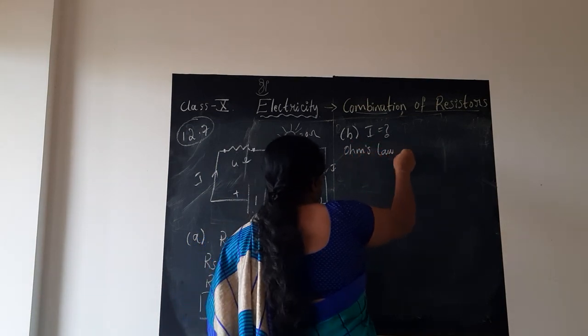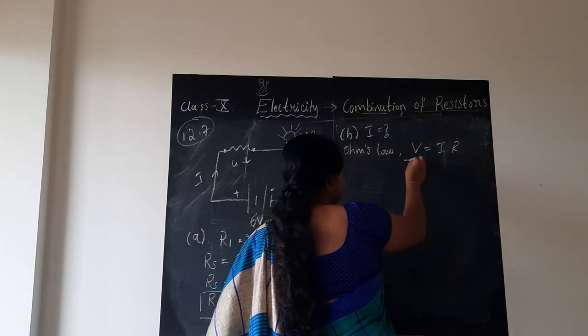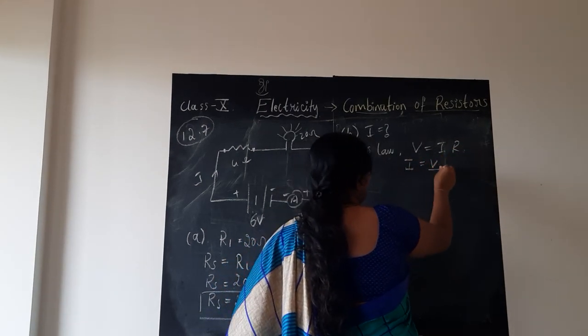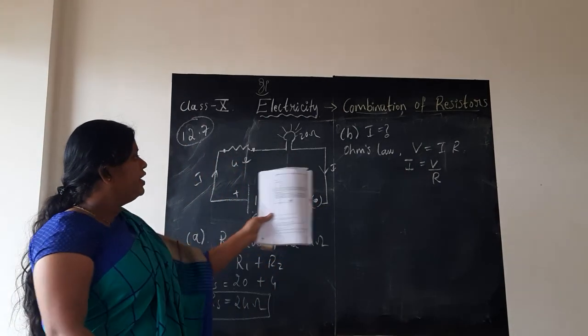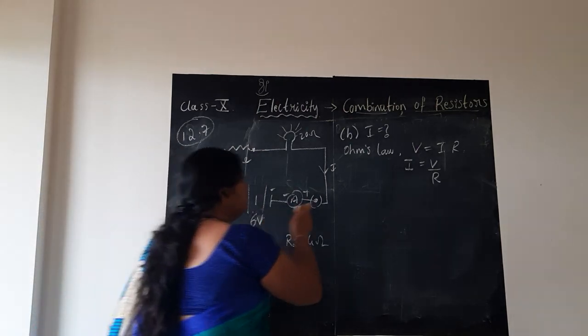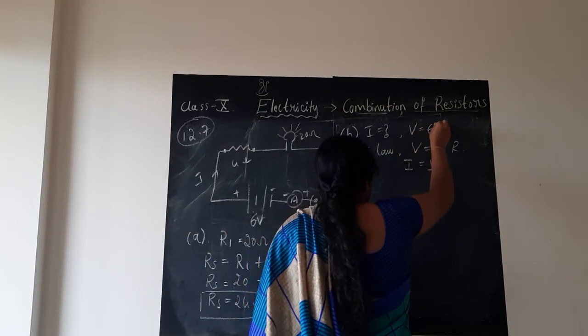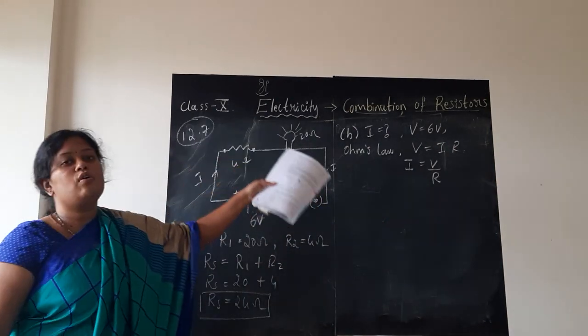we know V is equal to I into R. Here they are asking us to find the current, which means what is I? It is clearly V divided by R. Now, to find I, do we know the remaining terms is the question. We know the voltage V is 6 volts, and children, we are finding the current in the whole circuit.